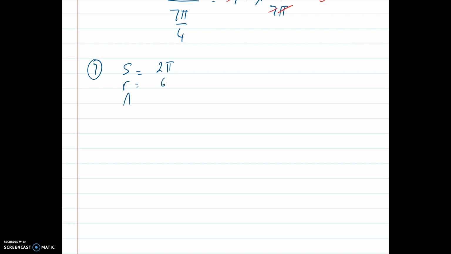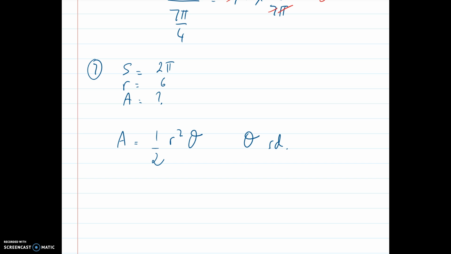The question is find the area. You know from the definition that the area is equal to 1 over 2 R squared theta, where theta is in radian.